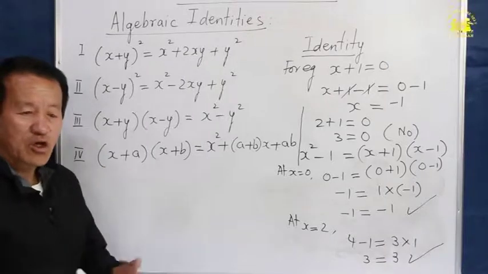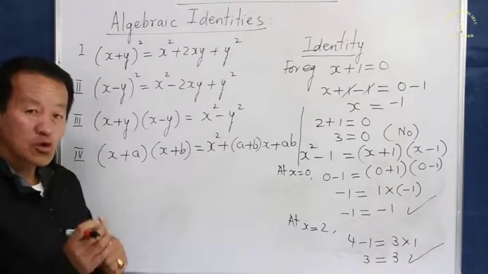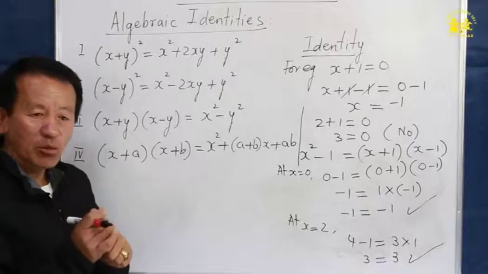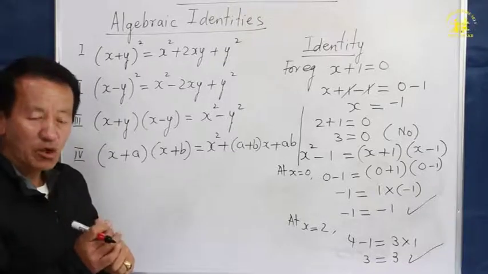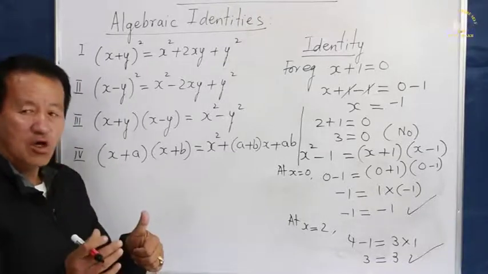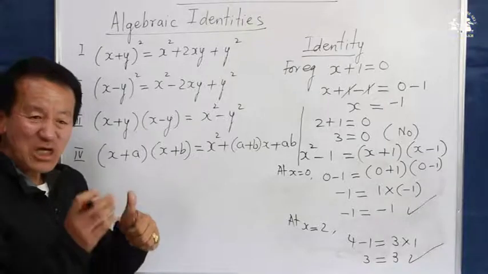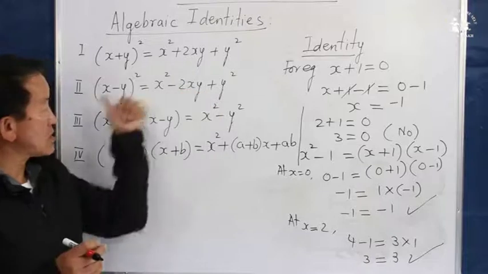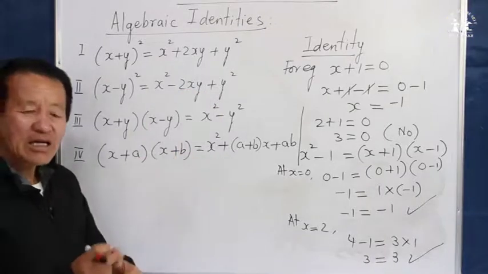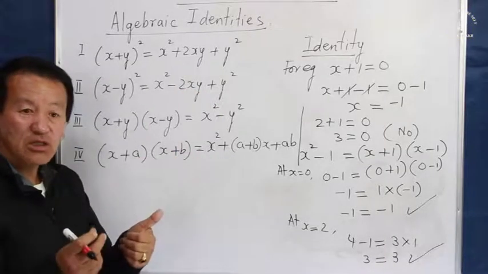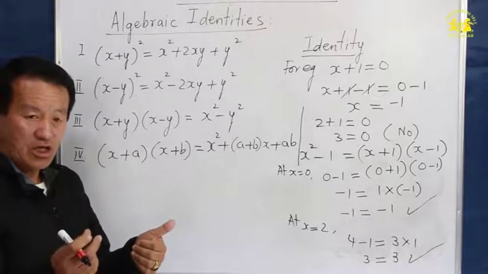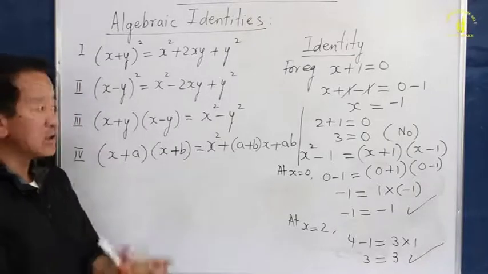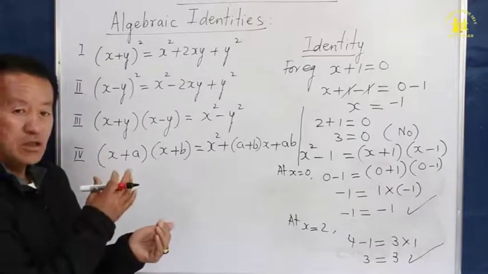For example, in class 10 you'll come across polynomials, zeros of polynomials, and factorization of polynomials, especially quadratic polynomials. Another chapter is quadratic equations, which is also directly linked with this.